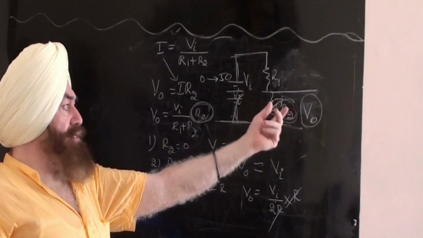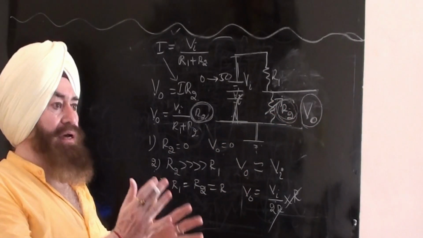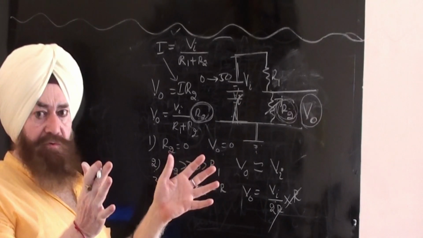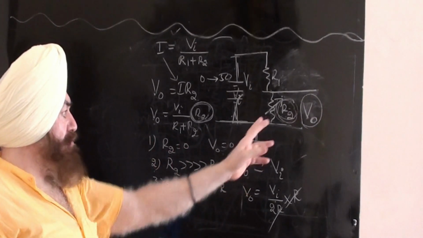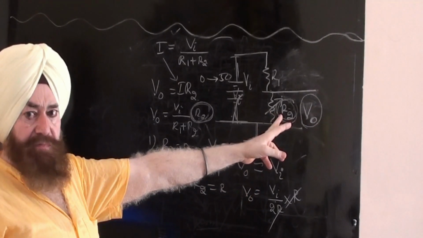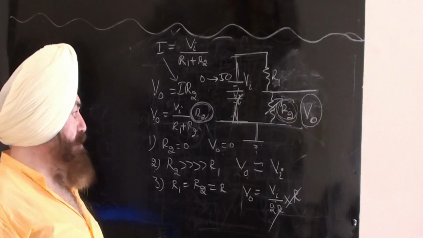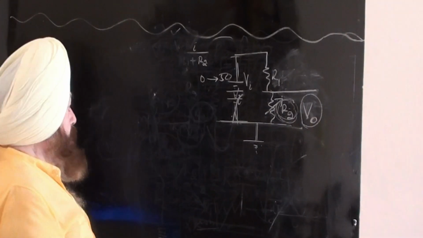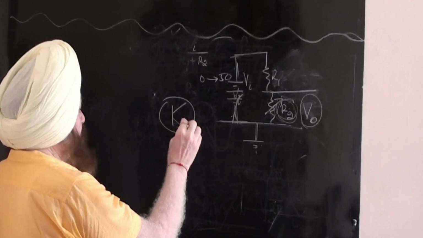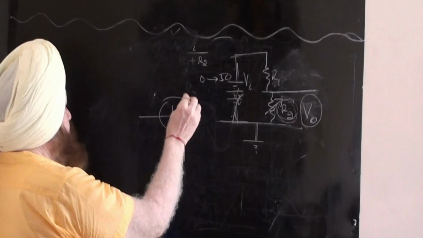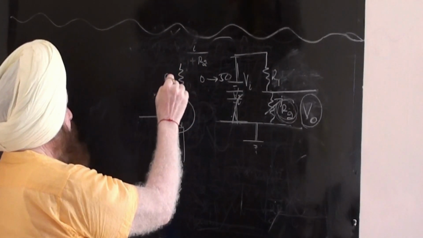The voltage is according to R. If R2 is variable, you get voltage of any value. Right? Now I'm coming to the transistor. I'm using the common emitter configuration. This is R1.